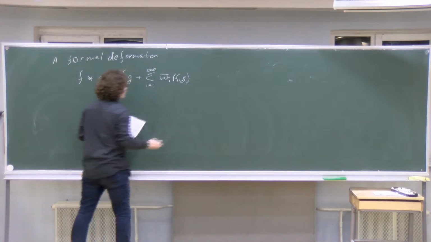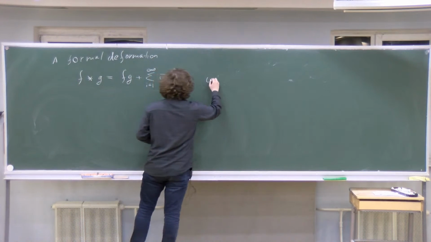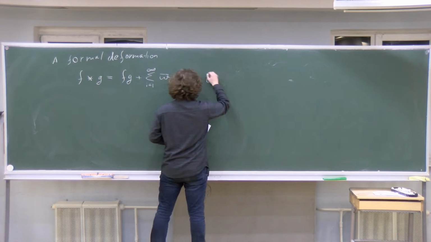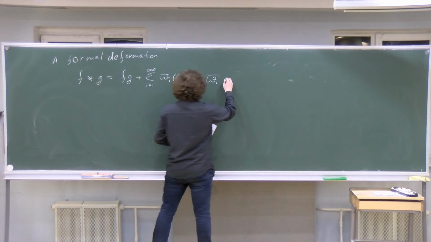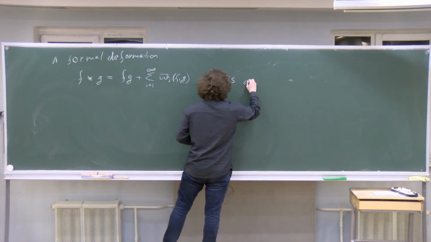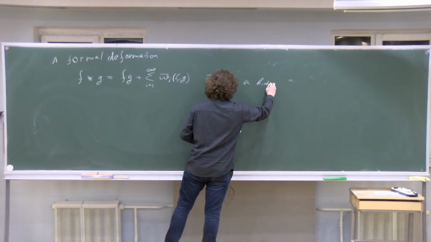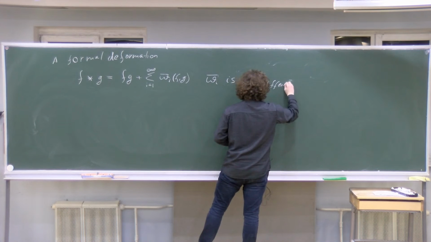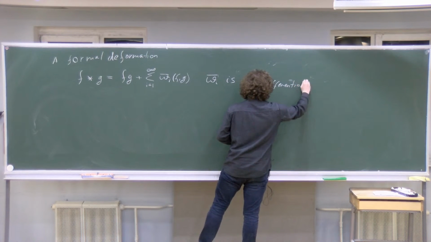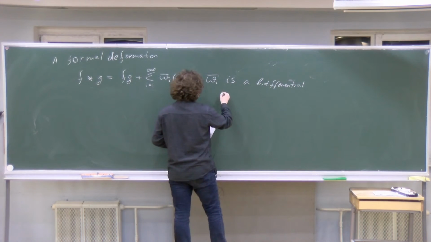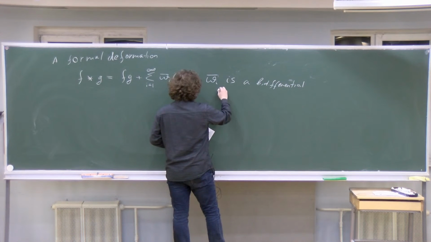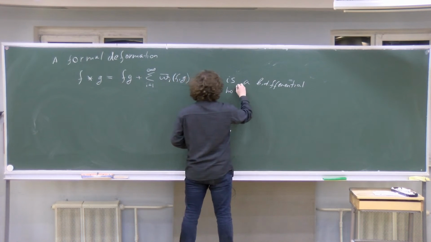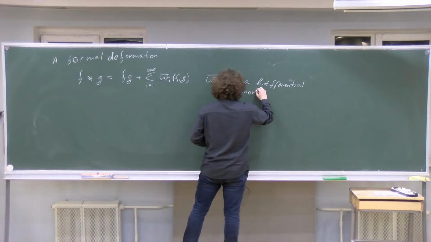In our case, we are going to consider omega bar is B-differential and, what is most important, a holomorphic operator.